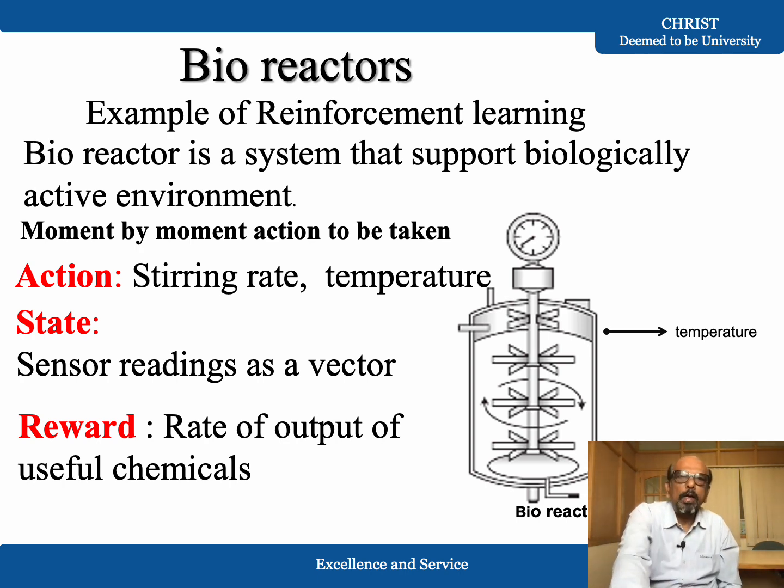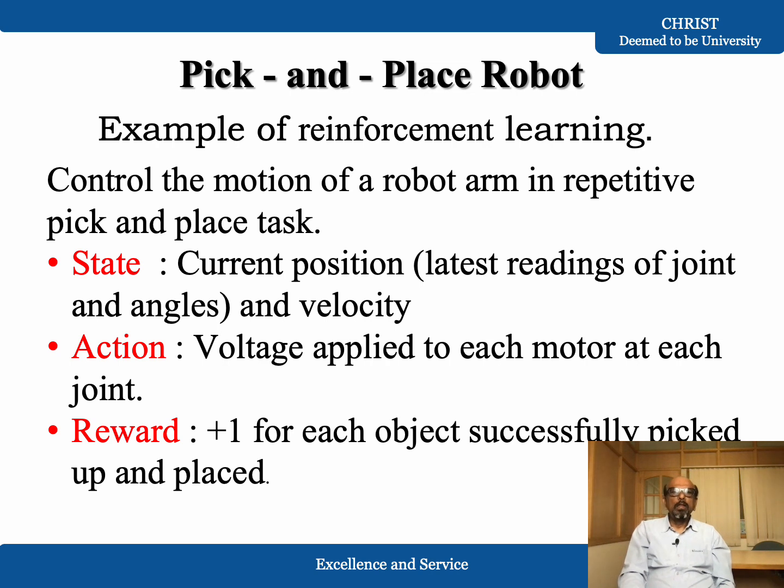In a similar manner, there is also another example called pick and place robo. For example, there is a robo which is capable of moving, and it will pick up something. For example, it can pick up some waste from the room and drop it in the dustbin. So that is pick and place robo.